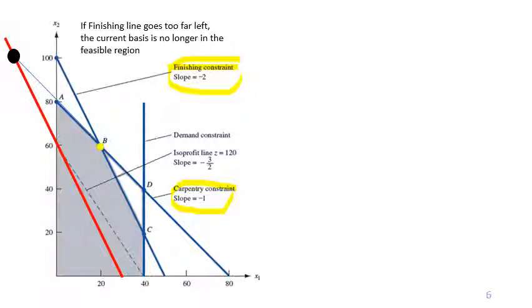You see now the intersection between the new finishing constraint and the carpentry constraint falls outside of the feasible region. In other words, it cannot be an optimal solution anymore, because in the first place it is not even feasible. So if we shift the finishing line too far to the left, the current basis is no longer optimal.